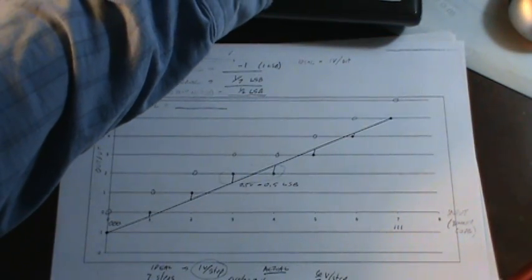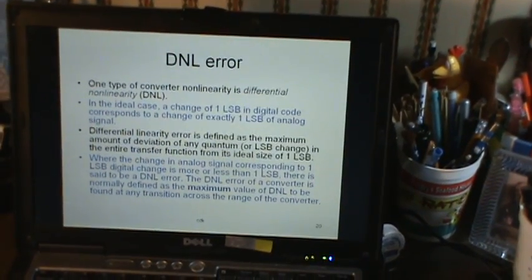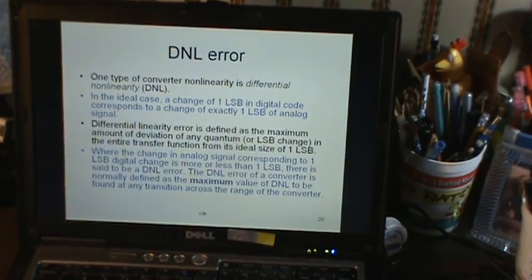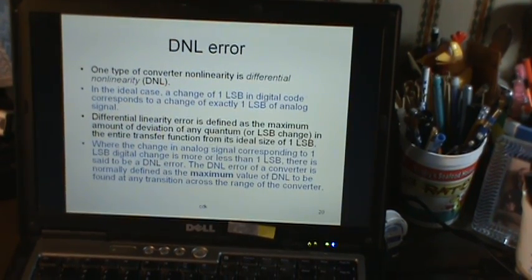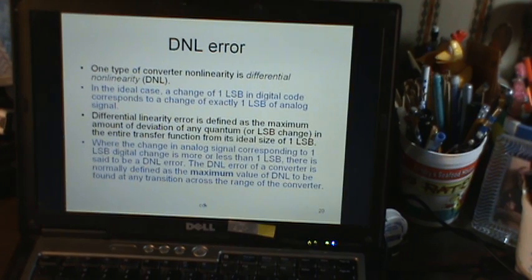All right, next definition we want to look at is differential nonlinearity. I realize you may not be able to read the slides on the video, but go back into the ideal and non-ideal characteristics of the DAC file, and you can see all this. Anyway, DNL is knowing that the curve should change 1 LSB every time you change the code by 1 LSB.